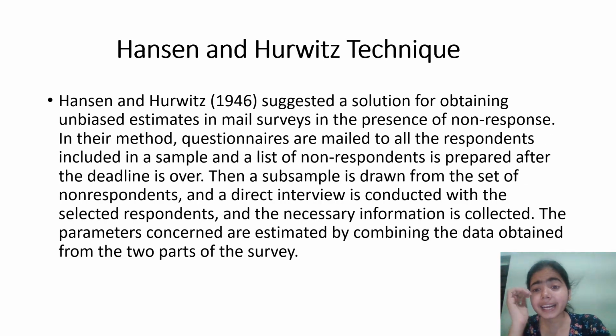For tackling non-response in a questionnaire, Hansen and Hurwitz gave a technique in 1946 and suggested a solution for obtaining unbiased estimates in mail surveys.